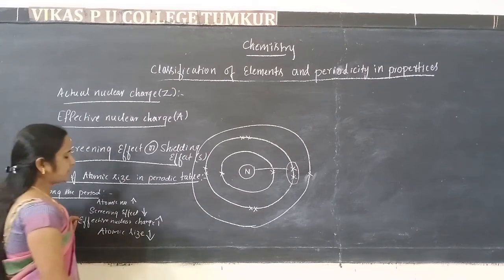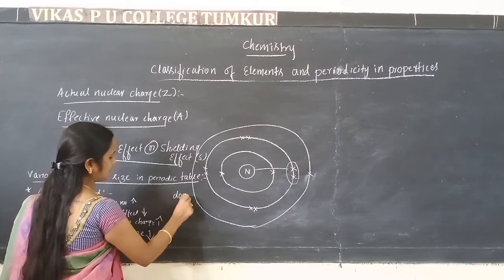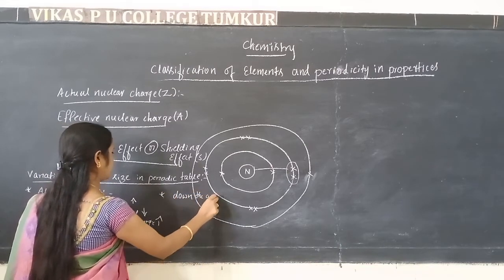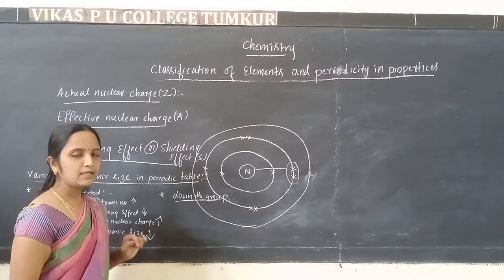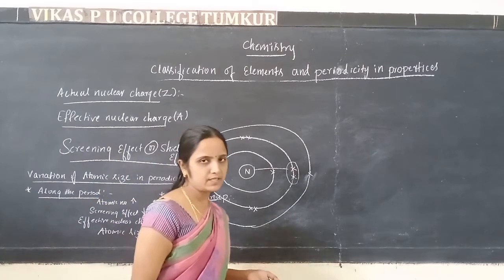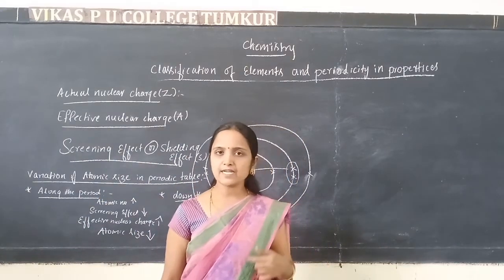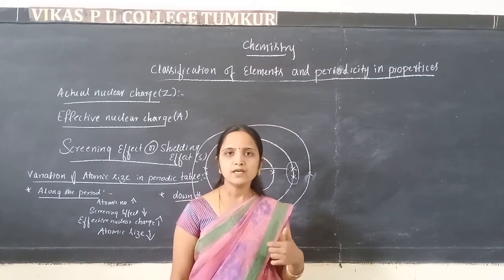Then down the group. Now we are going to discuss down the group. When it comes to down the group, the atomic number increases, but what happens? The electron enters a new shell.